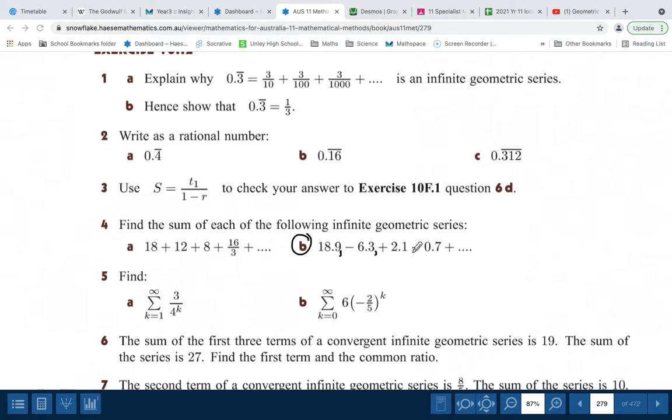Right. So if this was a sequence, we could think of, find the sum of each of the following infinite geometric series. I'm going to put little commas in, right, just so I can see these are separate terms in a sequence. So if I was to then add them up, I'd have my series.